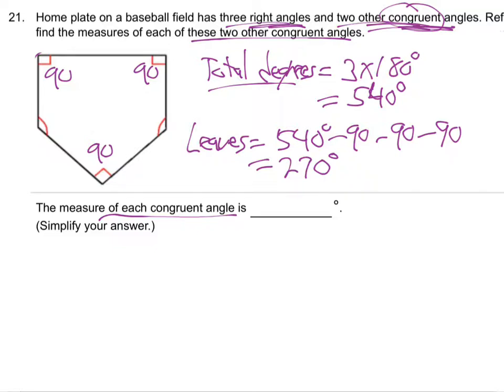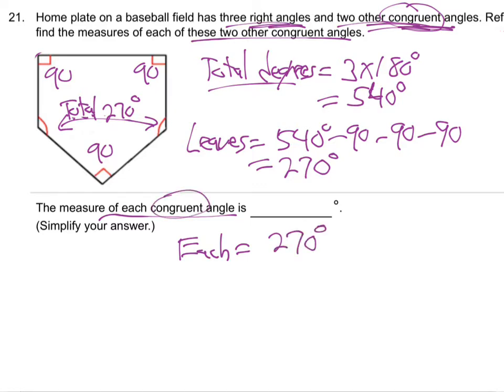And now that means these two must be a total of 270 degrees. So each, and they're the same, right? They're congruent. So each one is whatever half of 270 is, 135 degrees. Each of those must be 135 degrees. There we go.